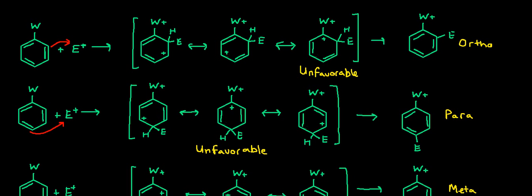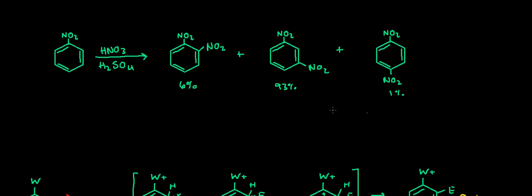So in this example up here, we add a nitronium ion. So like this. So this would have an effective positive charge on the nitrogen.